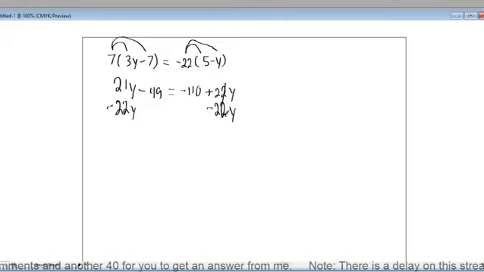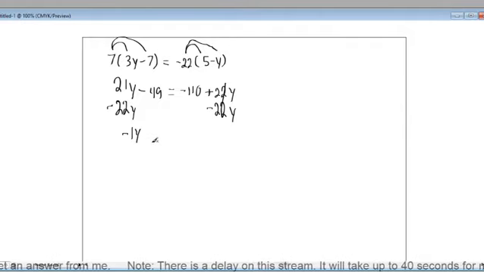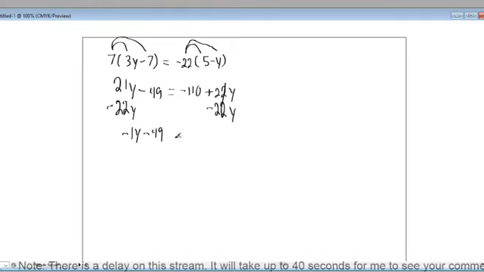That cancels here, but on this side, 21y minus 22y is going to give us negative 1y. Then, of course, the negative 49 is going to drop down. And the negative 110 is going to drop down.